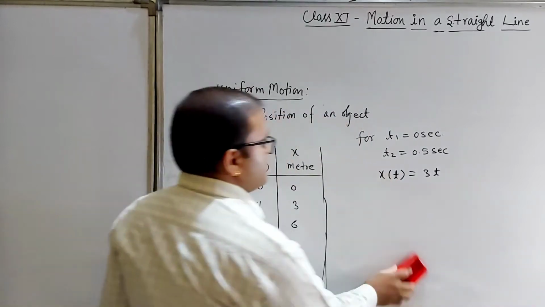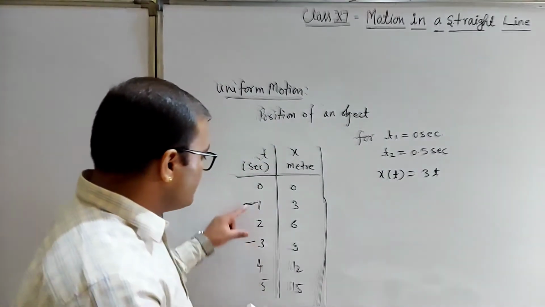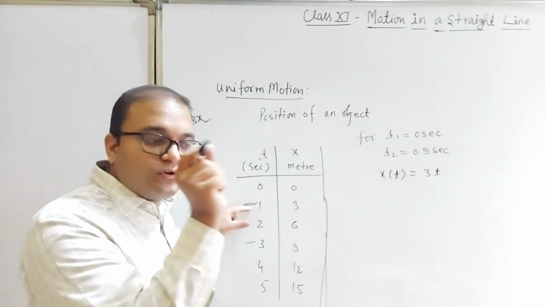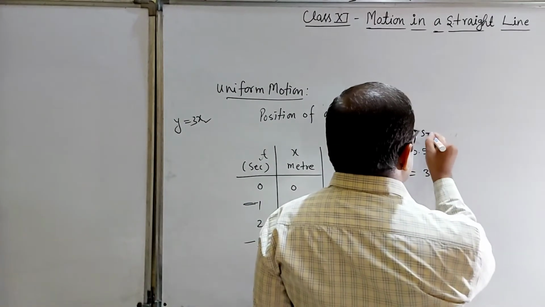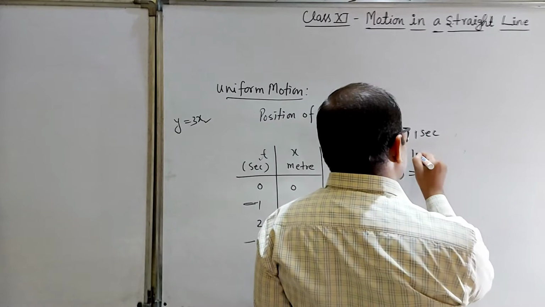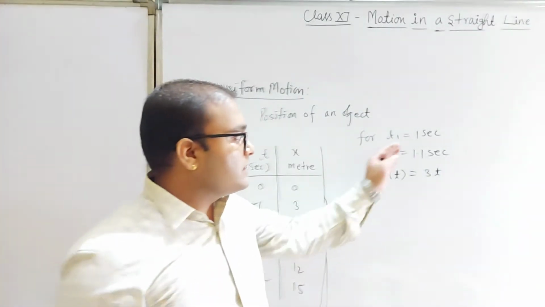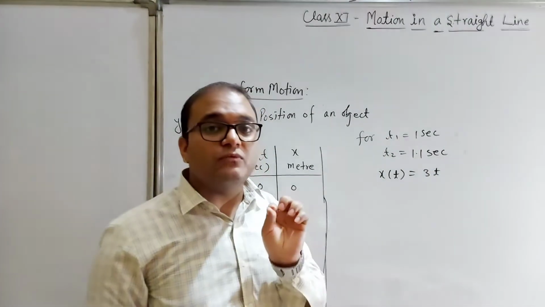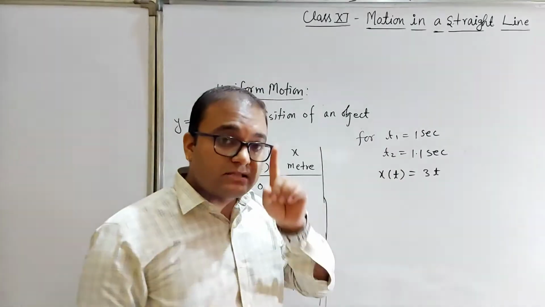Next, suppose we are checking the change in position of the object between 1 second and 1.1 second, that is 0.1 second. So t1 equals 1 second and t2 equals 1.1 second, a very short interval of time, a fraction of a second. The time difference is 0.1 second, that is 1 upon 10 part of a second.